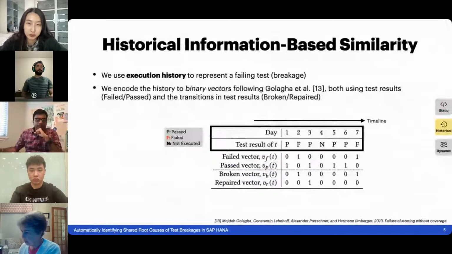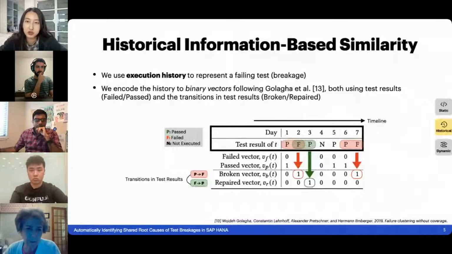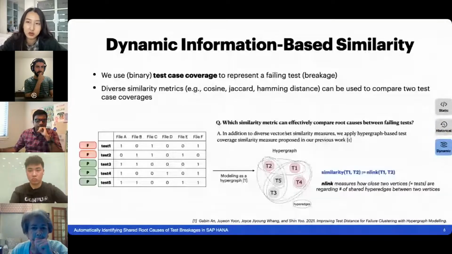For static information, we used test case names. We can either use normalized edit distance or measure the cosine similarity between the vector representations. And to process the historical information, we extracted binary vectors from the execution history. We used first fail and pass test results, and next the transitions in the test results. And for dynamic information, we used test case coverage. Diverse similarity metrics can be used here, but we additionally adopted hypergraph-based similarity.